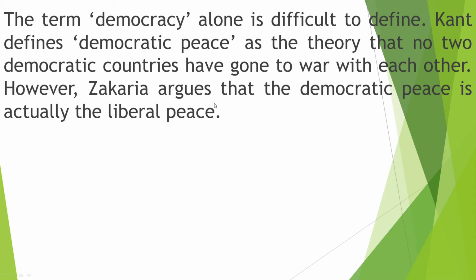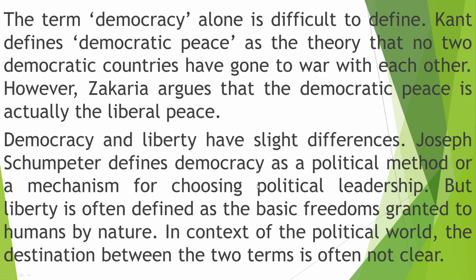The term democracy alone is difficult to define. Kant defines democratic peace as the theory that no two democratic countries have gone to war with each other. However, Zakaria argues that the democratic peace is actually the liberal peace. Democracy and liberty have slight differences.